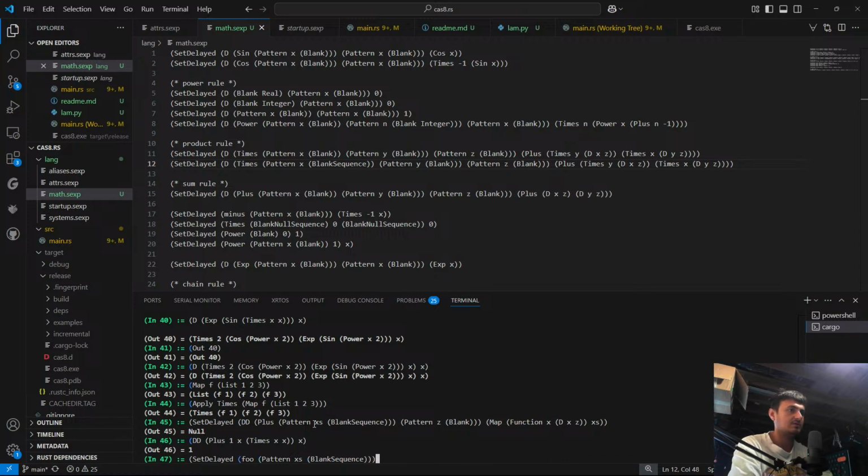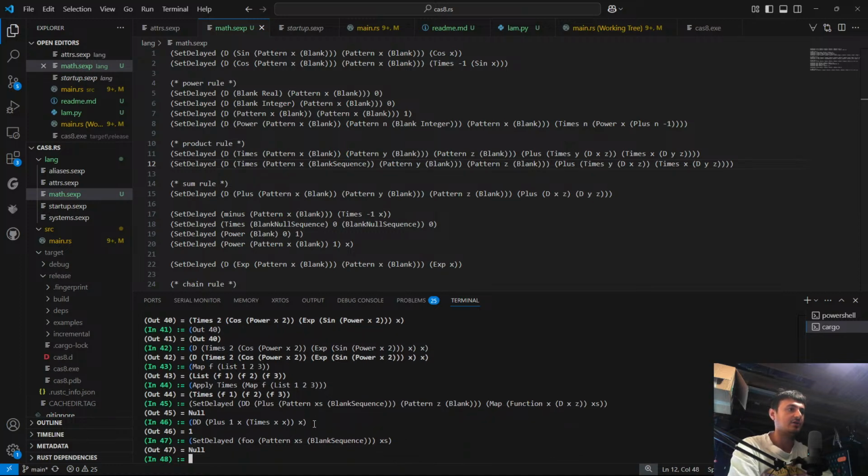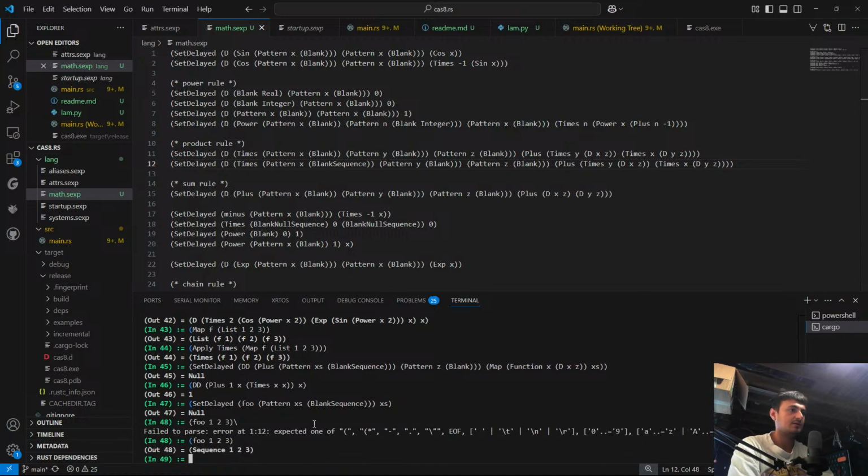All it's going to return is x's. The problem, I'm pretty sure, is that the sequence splices. So if we do foo 1, 2, 3, oops, we're getting a sequence.